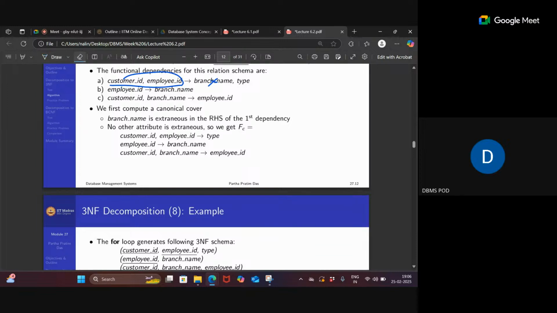After removing employee ID, check whether customer ID determines type by using the other FDs. No, customer ID and employee ID together determine the type. Customer ID alone cannot determine the type. So that's why employee ID is also required. It is not extraneous.